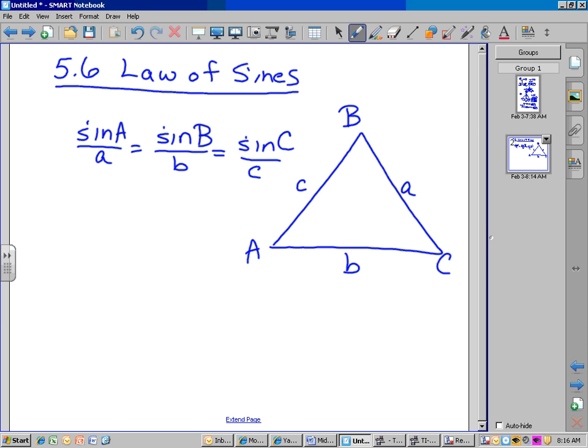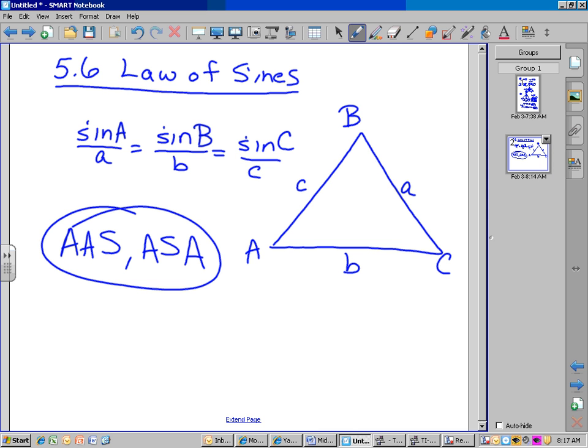Okay, we're not proving triangles congruent, but we're going to use that to identify what type of triangle we have or what's given, so we know what to use. Okay, what works for law of sines is angle, angle, side, and angle, side, angle. Those two types. If that's what's given, you can use the law of sines.